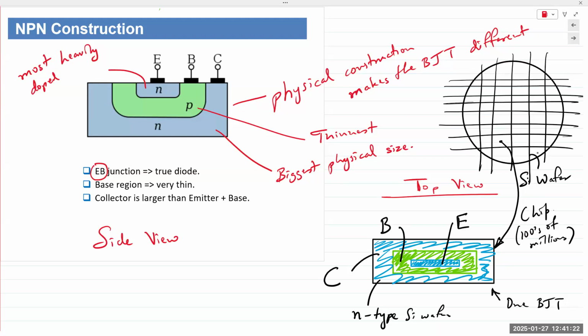It has the least amount of doping, whereas the emitter has the highest amount of doping out of all 3. So the emitter is the most heavily doped, meaning it has an excess of free charge carriers.